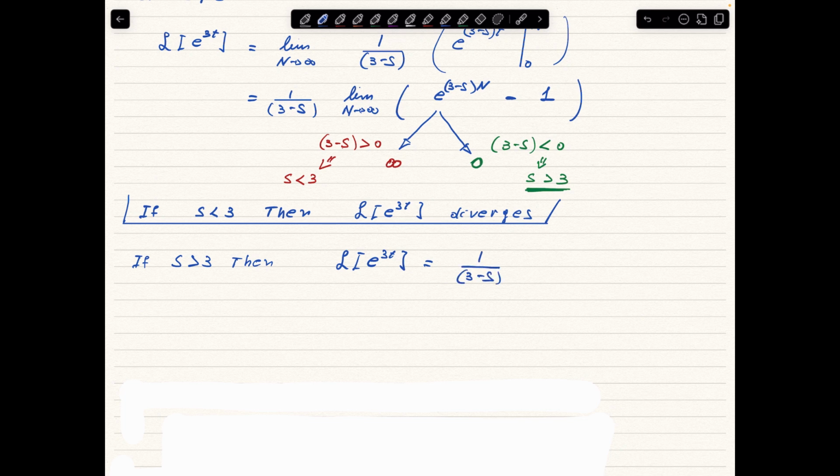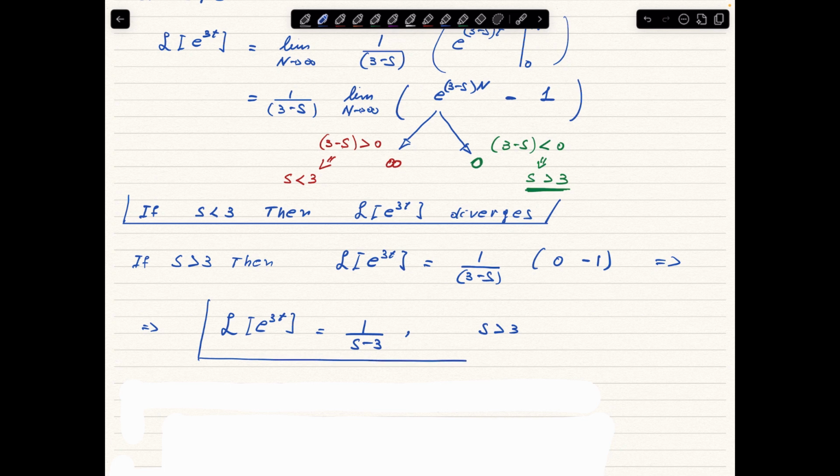We take the limit, and then we are going to get a 0 there. So we are going to get 0 minus 1, and that implies that we have a final formula for the Laplace transform of the exponential 3t, which is 1 over s minus 3, and this is only true for s bigger than 3.